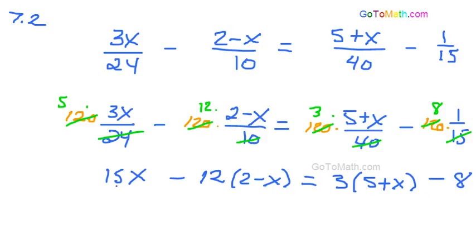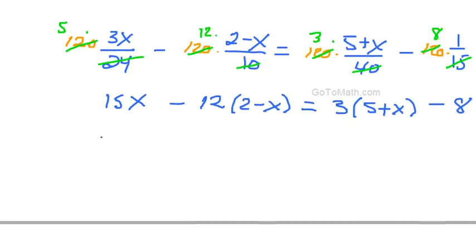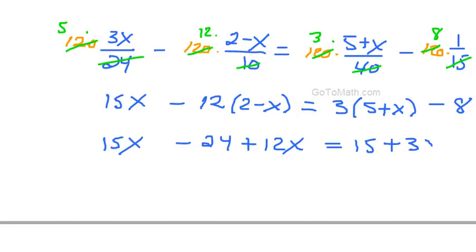So we got 15x minus 12 times 2 minus x, 3 times 5 plus x, minus 8. Okay, 15x minus, so 12 times 2 is 24. Of course, the minus and the minus make that a plus. And distribute that 3 across, it's going to be 15 plus 3x minus 8.